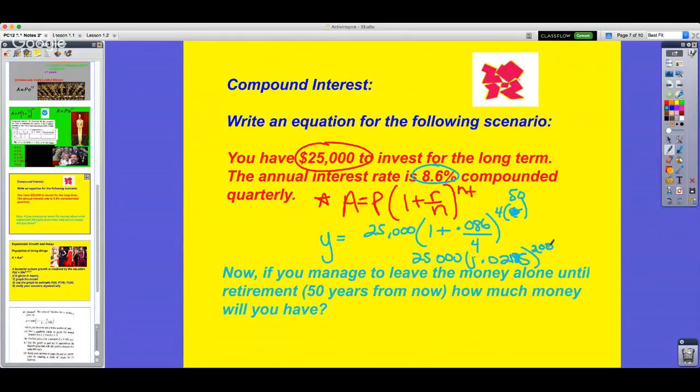Good, and before we simplify that, let's multiply that by 25,000 to get our ultimate answer. And then how many cents do we have on that? No cents? Excellent.